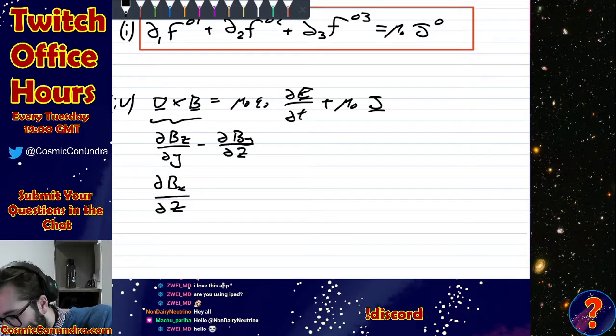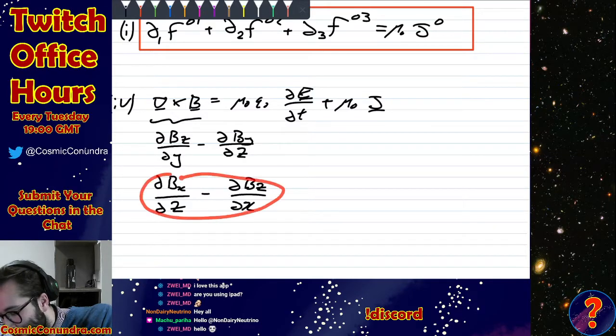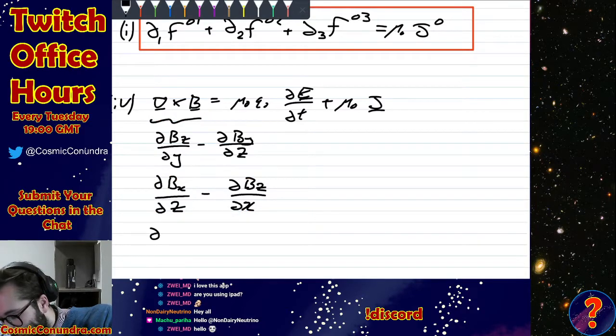Wait, is that the right way around? It'll be, wait, x, yep, that's right, minus dBz/dx. That is the y component of this thing here. And then the z component will look like dBy/dx minus dBx/dy.